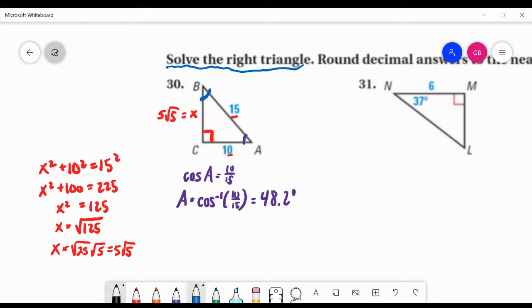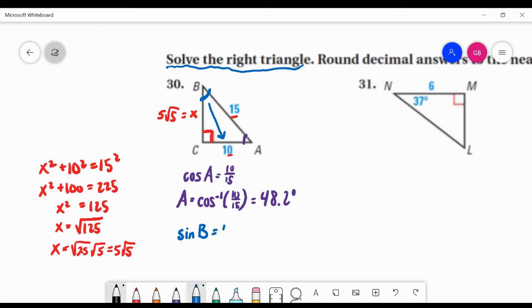For angle B, I could use the 10 and 15 as well, but notice that for angle B, the 10 is opposite to it. 15 is still the hypotenuse, but the 10 is opposite. So the trig ratio that uses opposite and hypotenuse is the sine. Make sure you're using the right trig ratio.